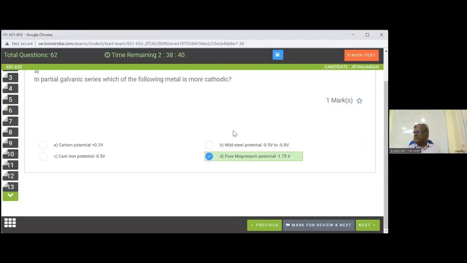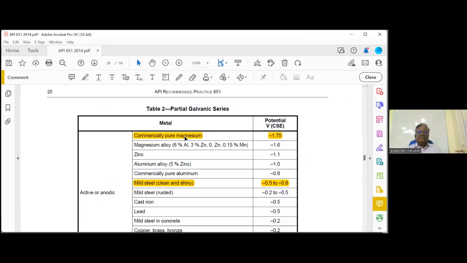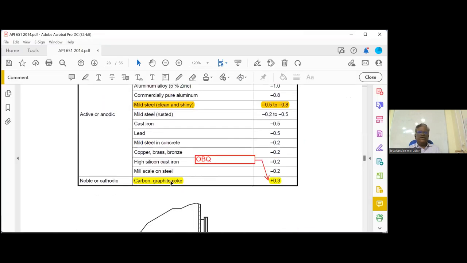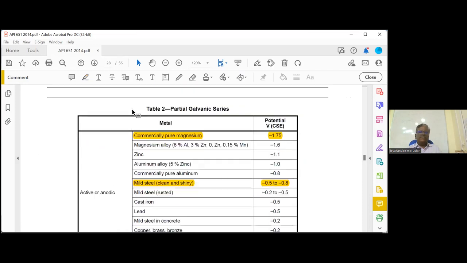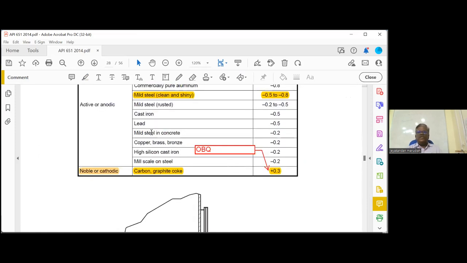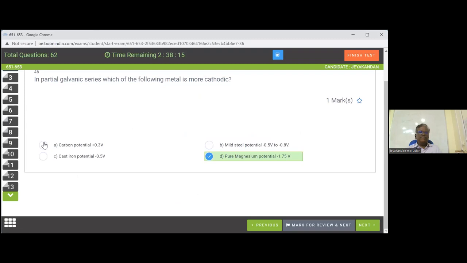Cathode is the protective end. This is the more anodic. Oh, sorry, it is wrong. Carbon is the more cathodic, with a potential of plus 0.3. Magnesium will corrode; it is the anode. This is the cathode. So the answer is carbon, potential of plus 0.3.